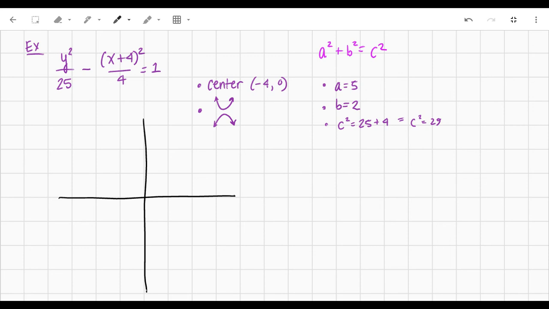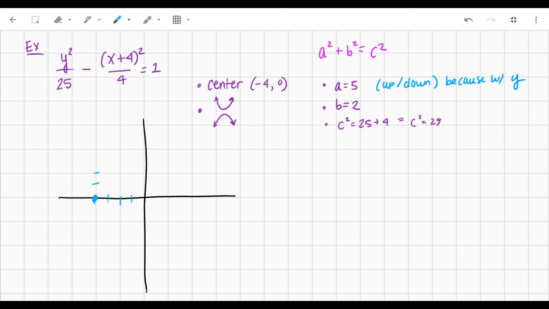Our center is at (-4, 0). a is 5. So remember, since it's shaped up and down, a is going to go up and down because it's with your y. The fact that y comes first in this expression, the y squared over 25 is first, means that we're going to go up and down 5.